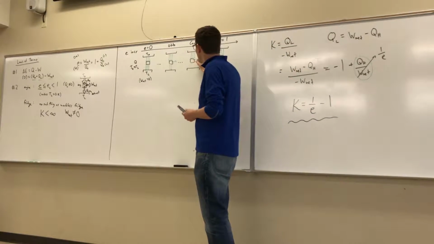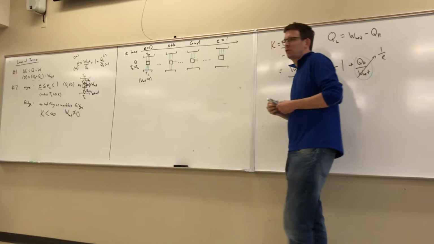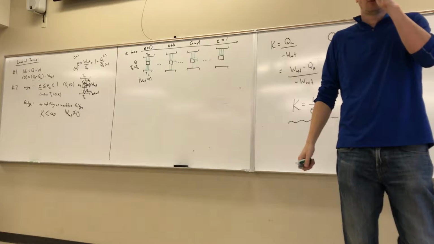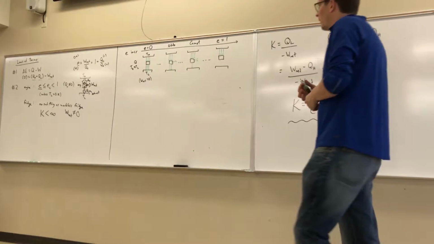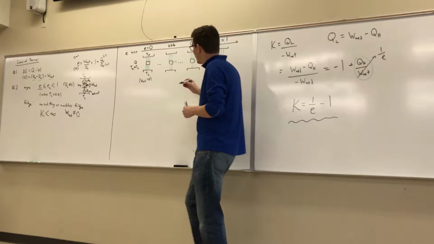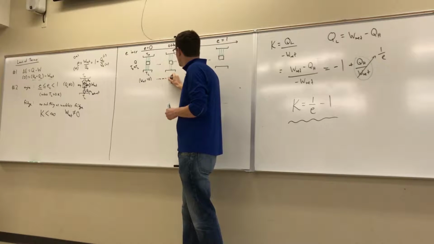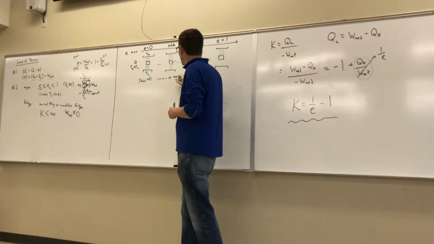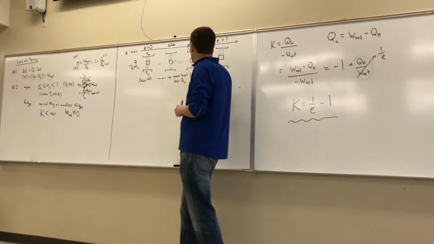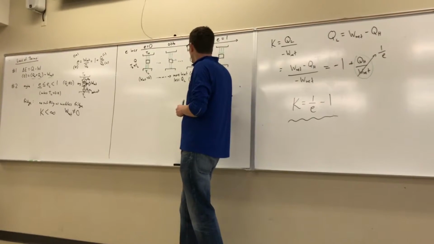So let's say, just for argument, that we can harvest 2 out of the 3 arrows into work. So as we go from here to here, we're getting more net work and less waste, less exhaust.